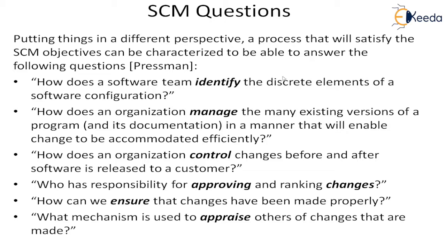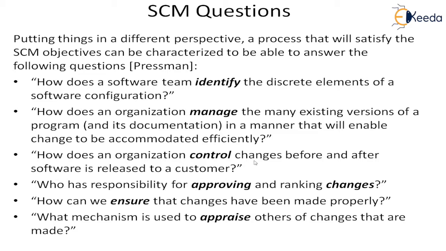And how does an organization manage the many existing versions of a program and its documentation in a manner that will enable change to be accommodated efficiently? That is another thing, managing the change and keeping track of the so many objects. How does an organization control changes before and after the software is released to the customer?